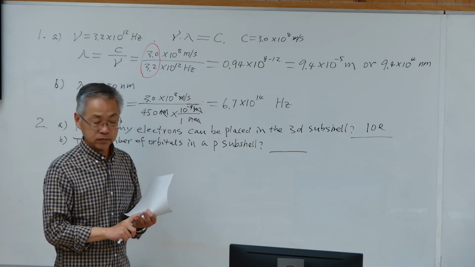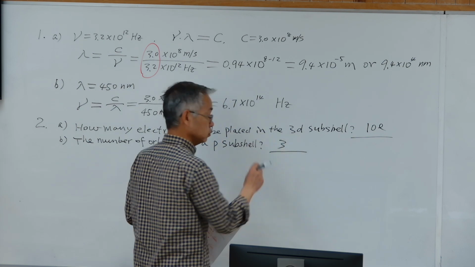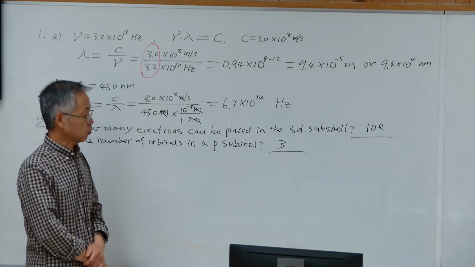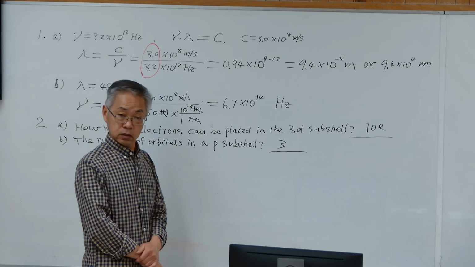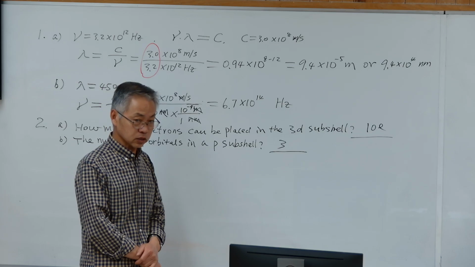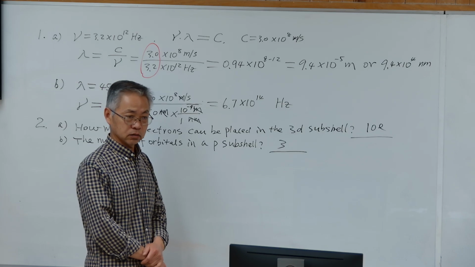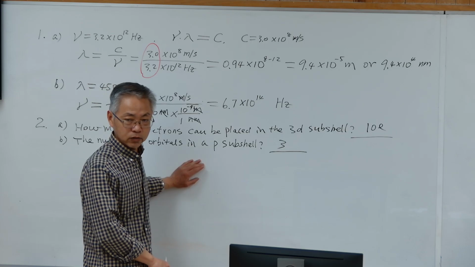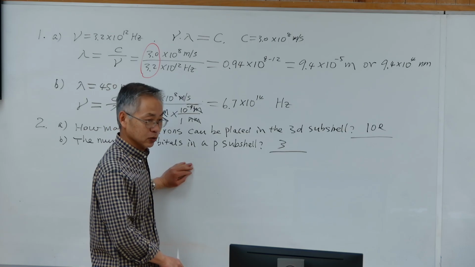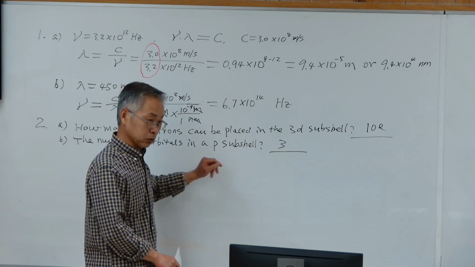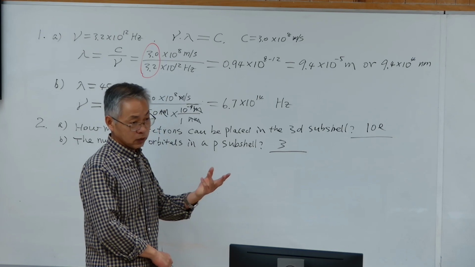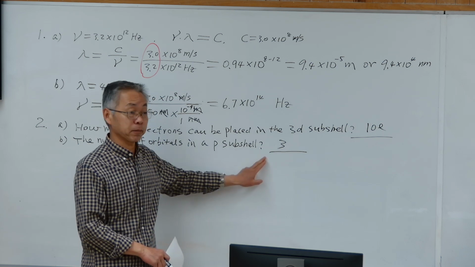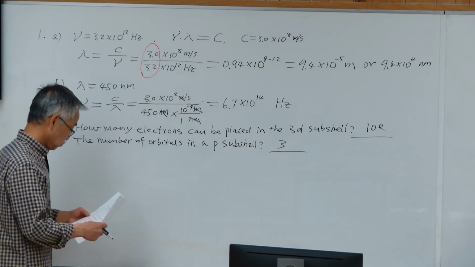D always 5. So this is a 3. You need to read these questions carefully. Some of you answered 6, but no subshell has 6 orbitals. I'm assuming you didn't read carefully. You thought this was the number of electrons in a p subshell, which could be 6: 3 orbitals, each holding 2, total 6 electrons. But here the question asks for the orbital number, which is 3.